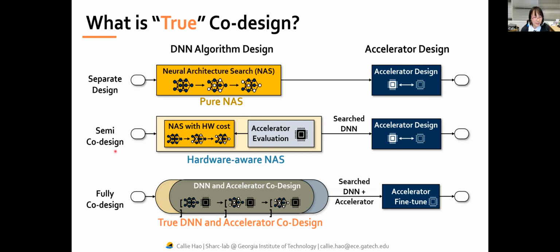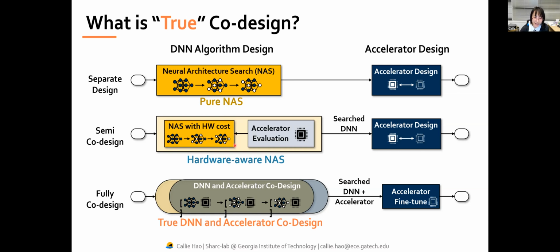What about semi-co-design? Semi-co-design means we are doing the NAS with hardware cost in mind. What do I mean by in mind? It means that we have an accelerator evaluation in mind. We're making a guess of what the current performance of my searched architecture is.